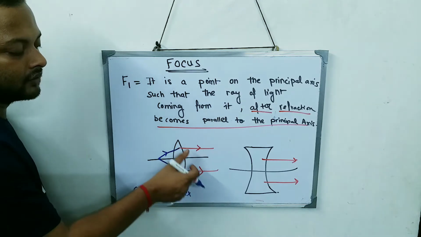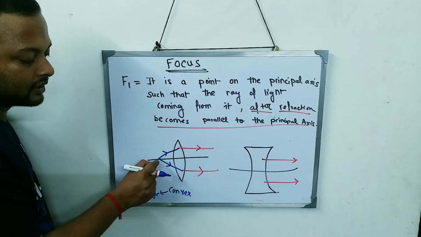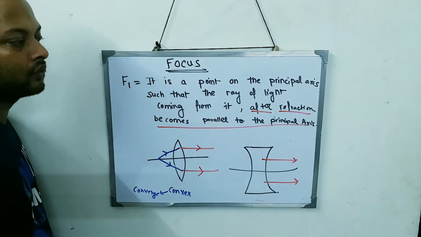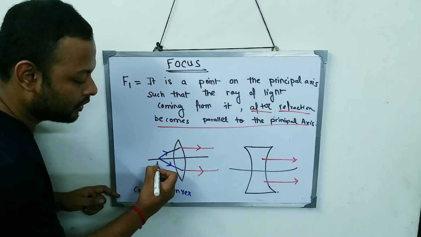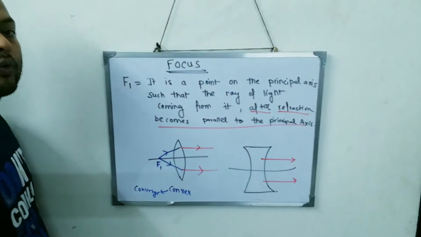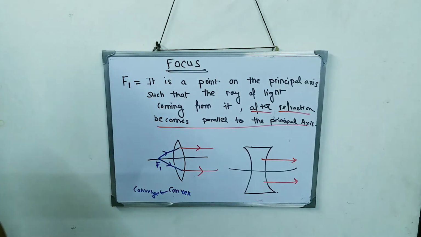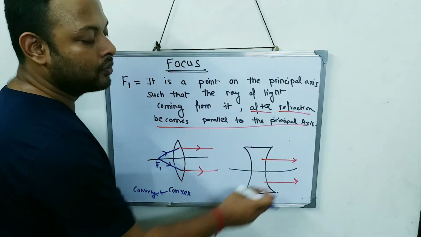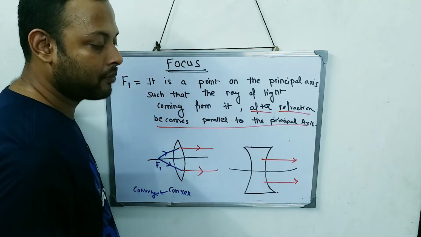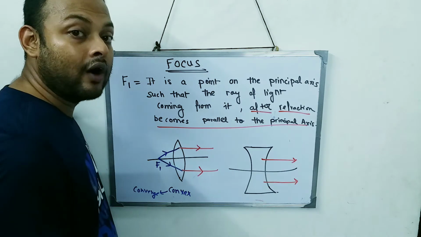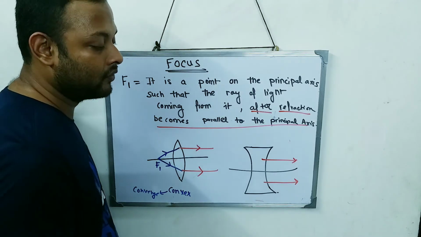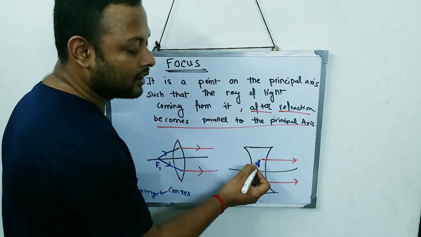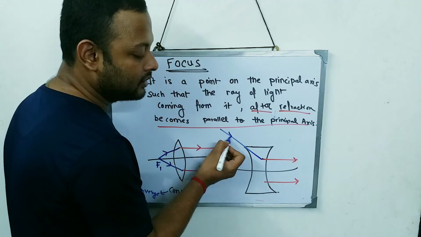So if we talk about the input, the incident rays are coming from a particular point, and this particular point is F1. Over here, the output rays are parallel to the principal axis. The incident rays are going to be something like this way.